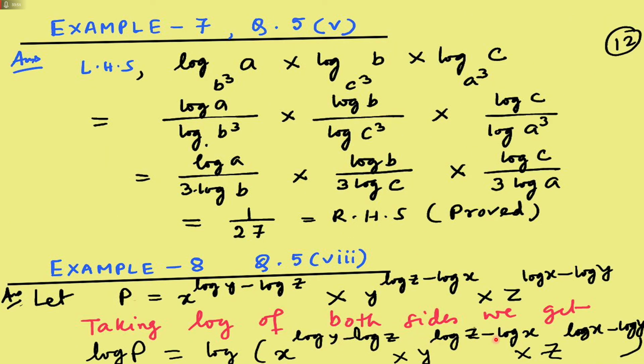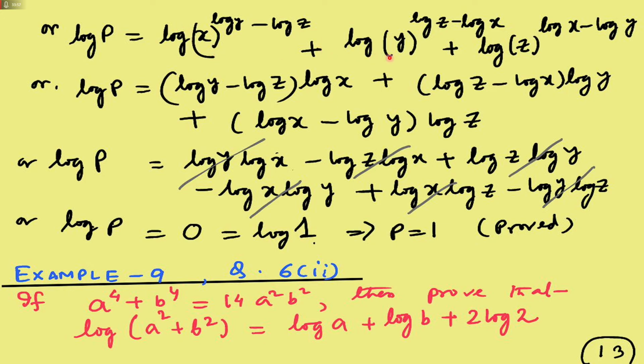So this log of product will just give you the addition of these 3 logs, and this is in power of this x, so this will come forward as log x, and you will have log y minus log z into log x. Similarly log z minus log x into log y plus log x minus log y into log z.